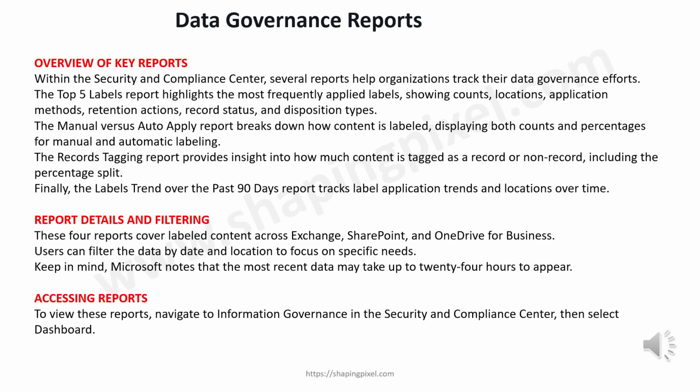Users can filter the data by date and location to focus on specific needs. Keep in mind, Microsoft notes that the most recent data may take up to 24 hours to appear. To view these reports, navigate to Information Governance in the Security and Compliance Center, then select Dashboard.